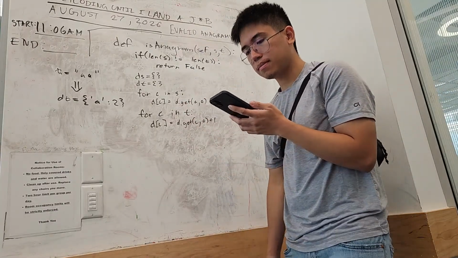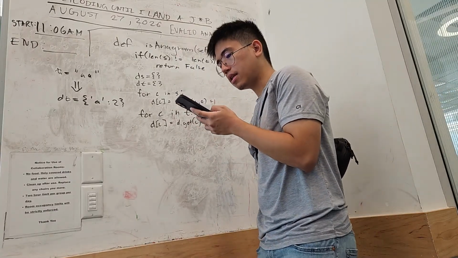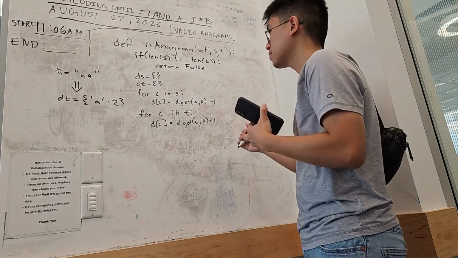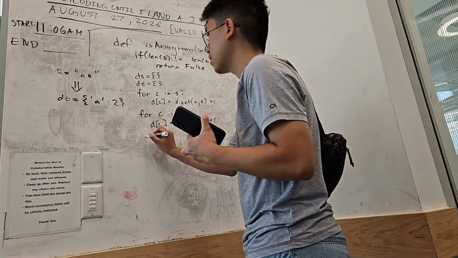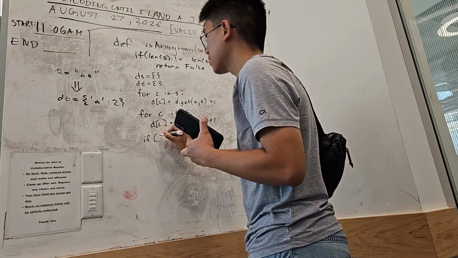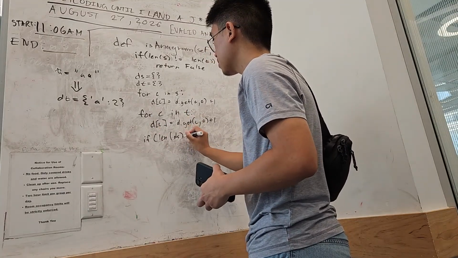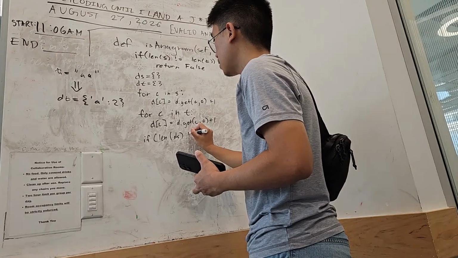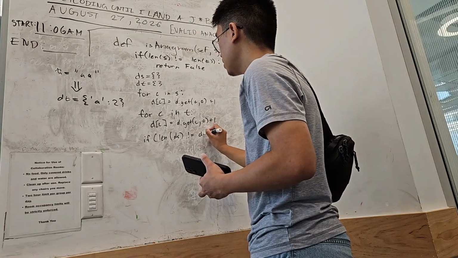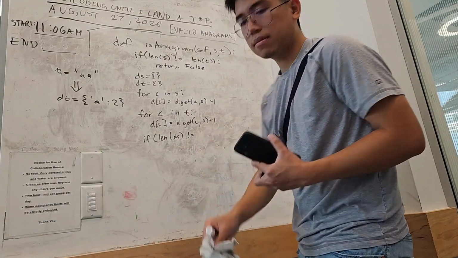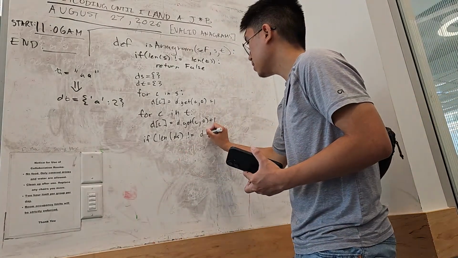Okay. Length of d, okay. Then we say if length of ds is not equal to dt. Holy crap. Not equal to dt.